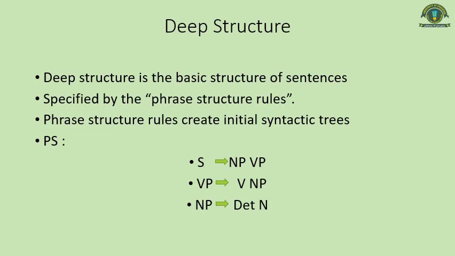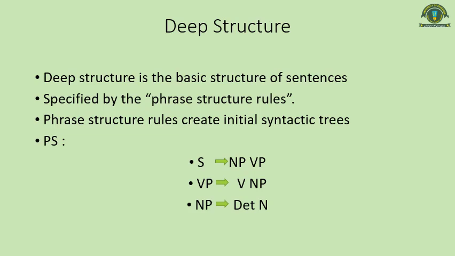As phrase structure rules create initial syntactic trees, let's see the phrase structure rules. After joining a determiner and noun, we can make a noun phrase. And after joining a verb and a noun phrase, we can make a verb phrase, VP. And after joining a noun phrase, that is NP, and a verb phrase, that is VP, we can make a sentence.